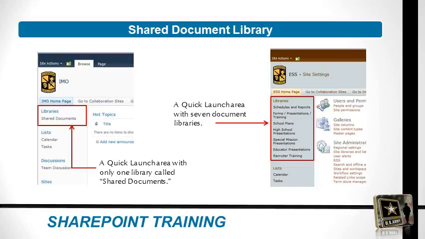You might have noticed that your collaboration site already includes a document library called Shared Documents. It was created as part of your homepage and is ready for your use. However, if you have many documents to share, it's recommended to organize them into several different document libraries instead of putting them all in the Shared Documents library. In this example, you can see that the Quick Launch on the left only has a Shared Document library. If you only have a few documents to share, this could be appropriate.